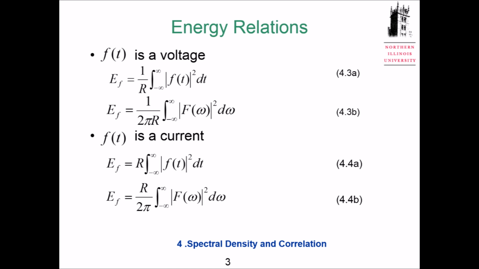Similarly, if my signal is a current signal, I squared times R is my power, so I can also get my energy by time domain integration, with I squared times R. Those two sets of equations came from the previous slide, 4.2. Any follow-up questions?